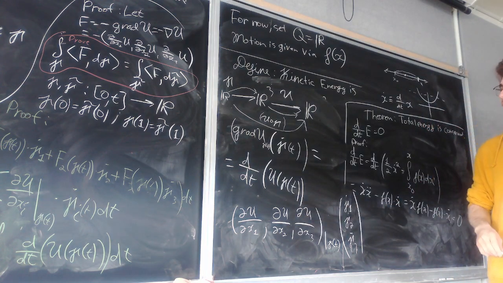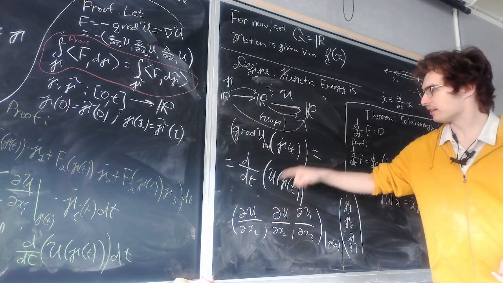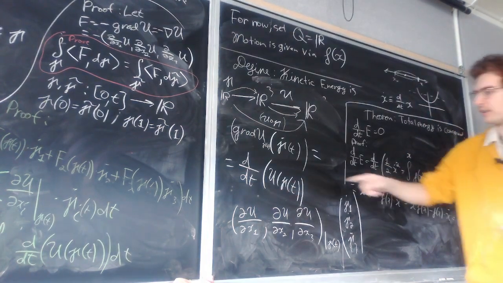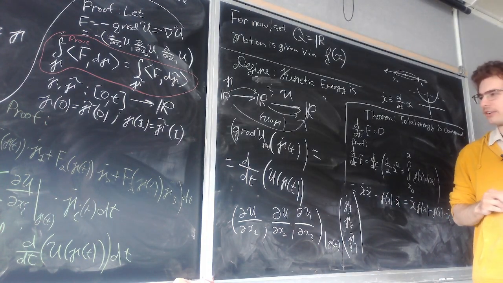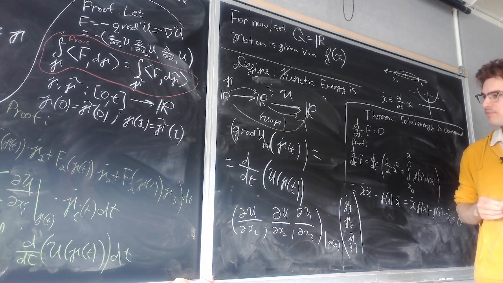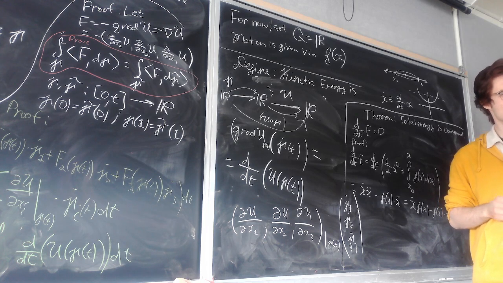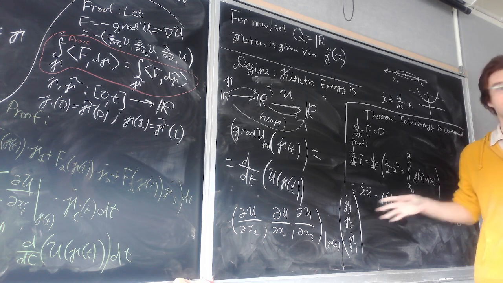So we get that this has to be the derivative of u with respect to gamma of t. Yes? Maybe? This is just matrix multiplication.